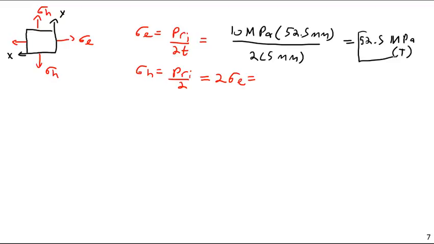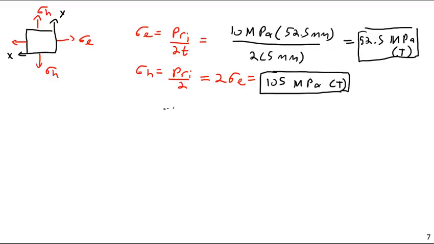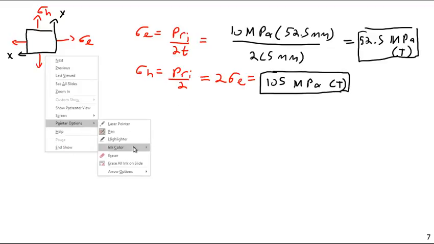That's definitely going to be one of our critical elements. And sigma hoop is simply twice this, which is 105 megapascals, also in tension.